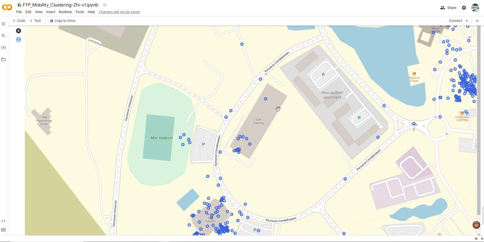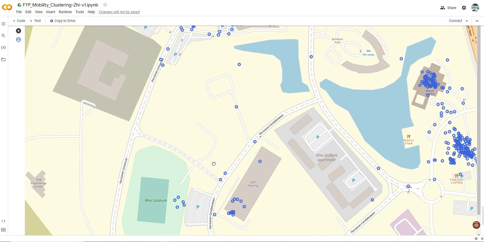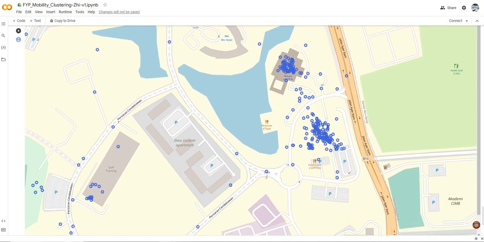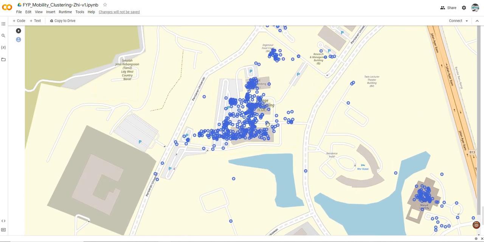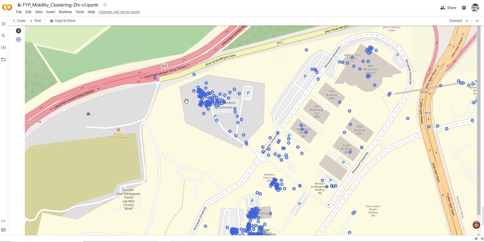This is a sports arena, right? This is the student center. This is your mosque. Do you know what's here? Do you know what this is? Food court.